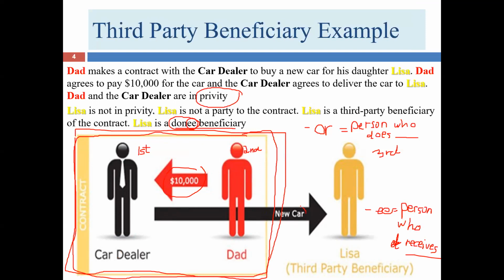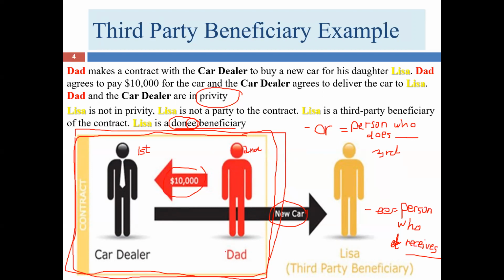With respect to the new car, the car dealer is the promisor. He's promising to give the new car to somebody. And dad is the promisee. He is promising to receive that. Now, he himself isn't receiving it, but the person that he has designated, that he is choosing to be the recipient, is going to receive it.